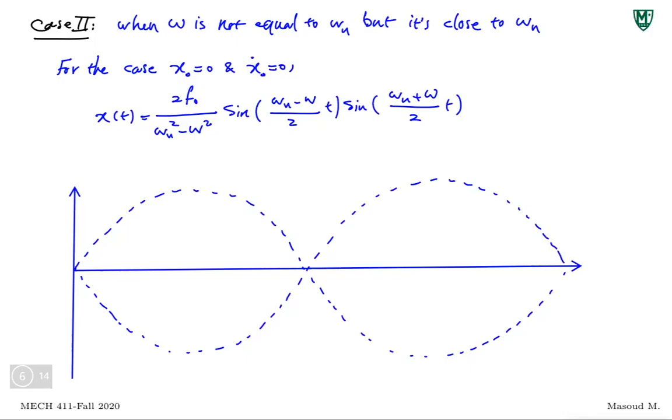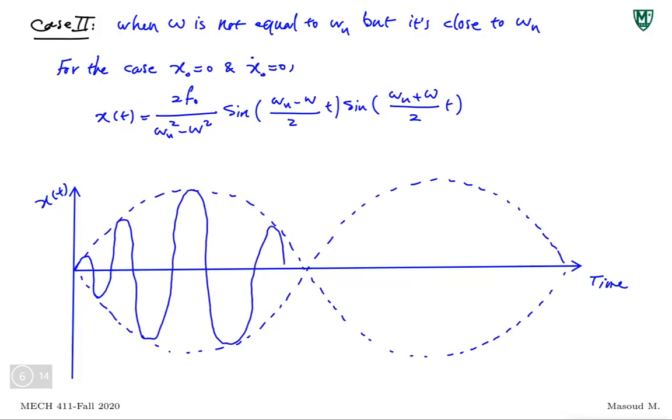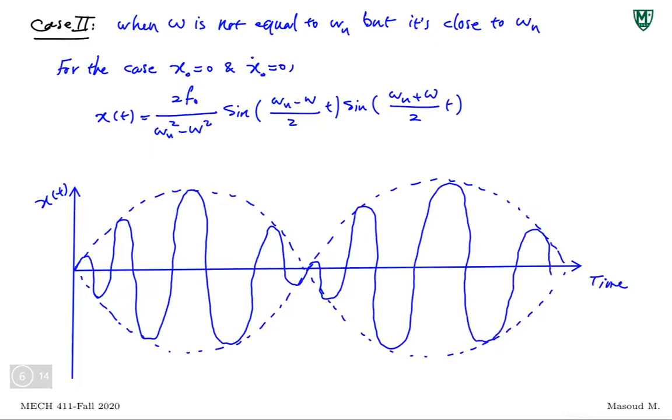So the system response, if I plot x of t, this is x of t over time, would be something along this line. It's getting more and more ugly, but this continuous line is x of t.